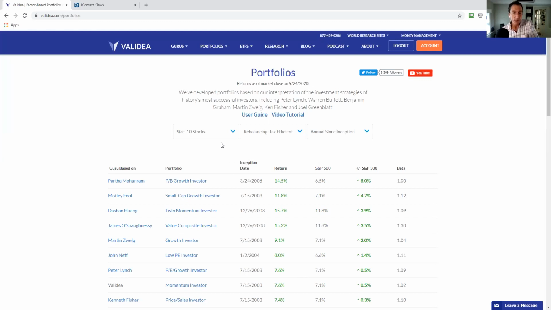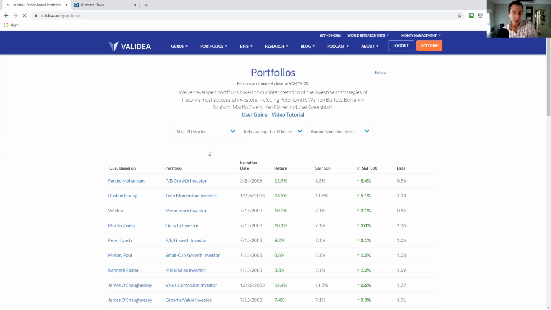So let's just use an example. Let's say someone wants to come in and say, okay, 10 stocks is probably a little bit too risky for me, so I want 20 stocks. And I sort of like the idea of doing it tax efficiently, so I'm going to choose a tax efficient rebalancing. And then I'm looking at the list. I don't really know Partha Mohan Ram.